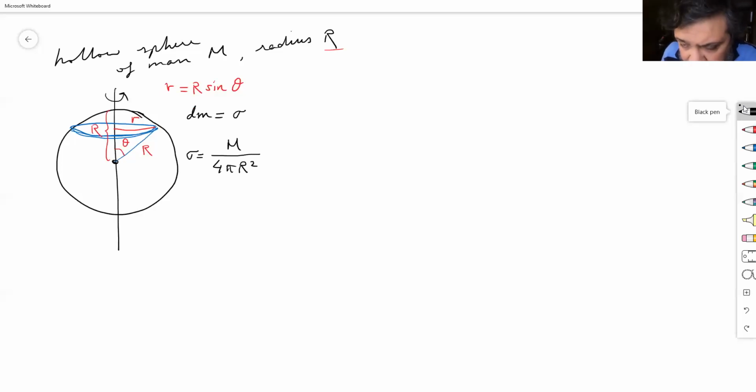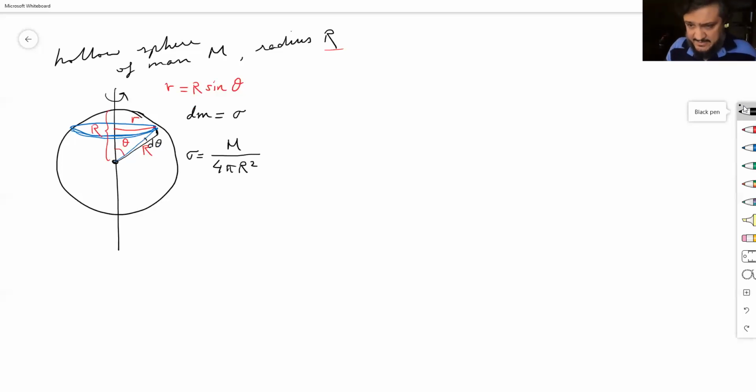Now I'm here, I'm going to go along what we call a meridian, and I'm going to do that by changing theta a little bit by an amount d theta. So I get this side, an arc length along the meridian.